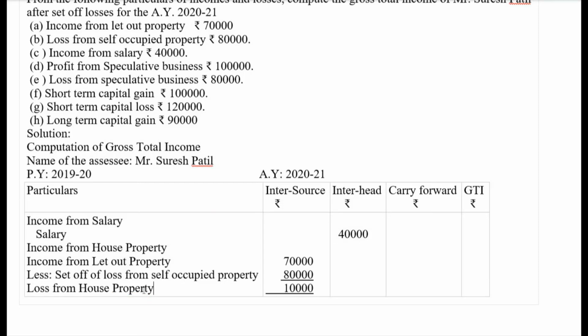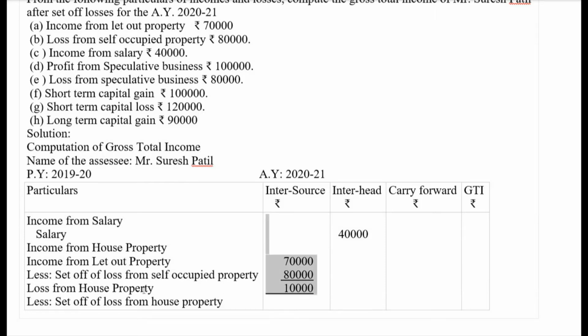Then this loss can be adjusted. So less set off of loss from house property, that we shall take here. Let me put it in brackets so that it indicates reduction.